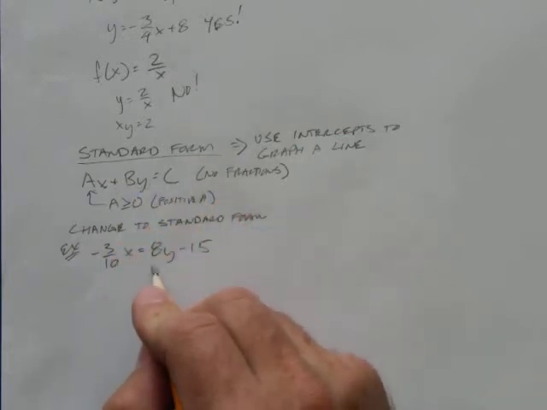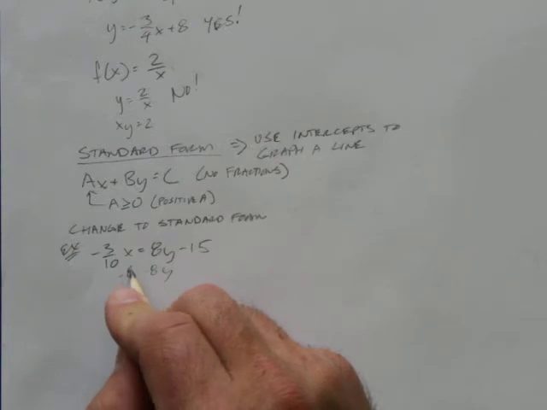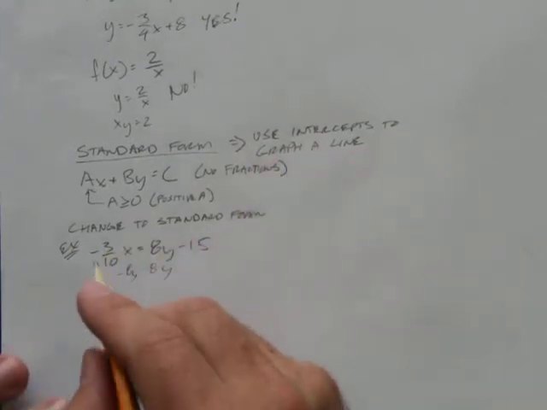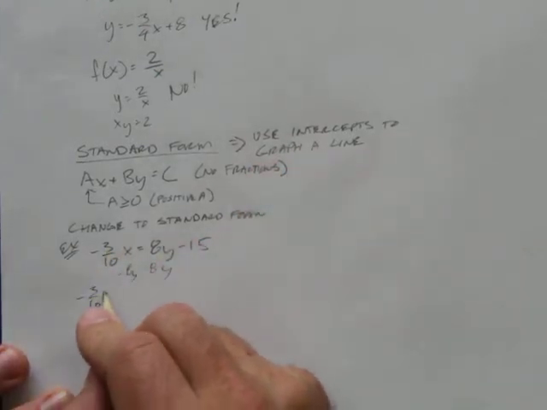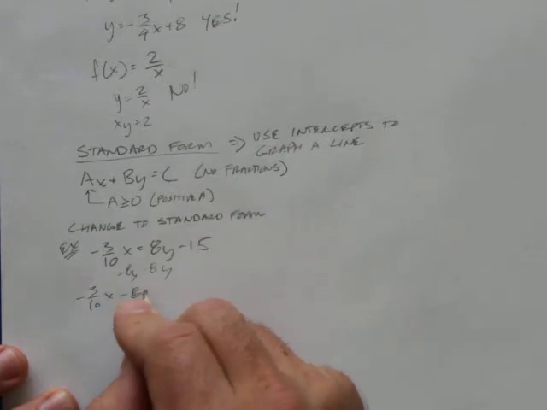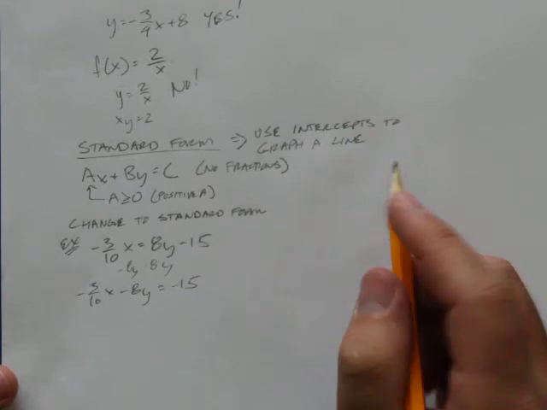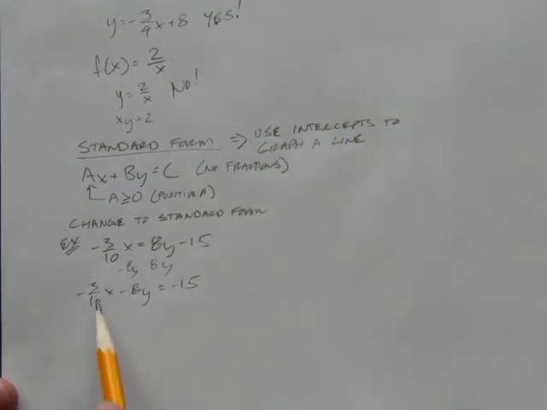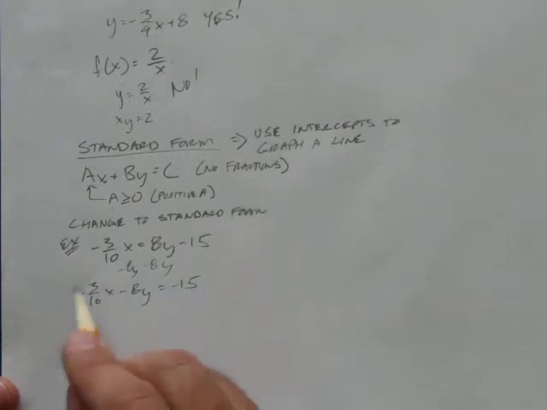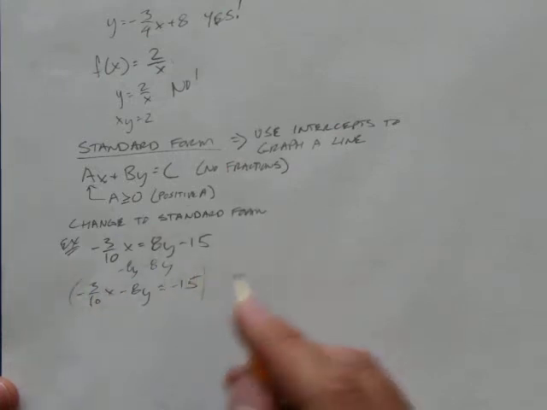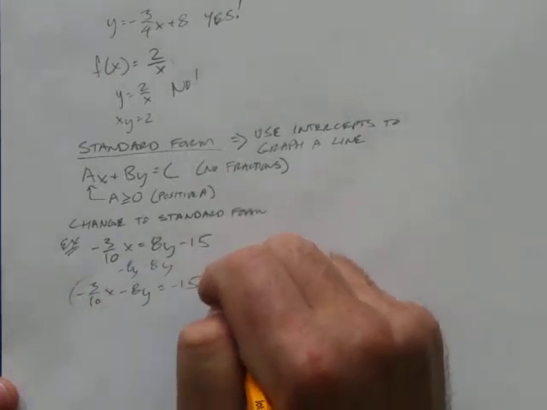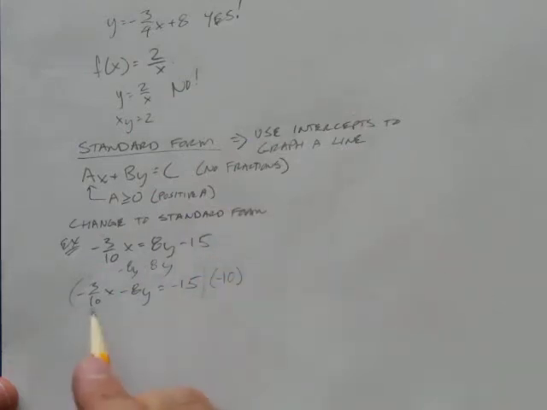So I'm going to subtract 8y from each side. What I do to one side I do to the other. So -3/10 x minus 8y equals -15. Okay, now this a value needs to be positive and it needs to not be a fraction. So I'm going to multiply everything by -10 to get that -10 out of there. So this will be positive.